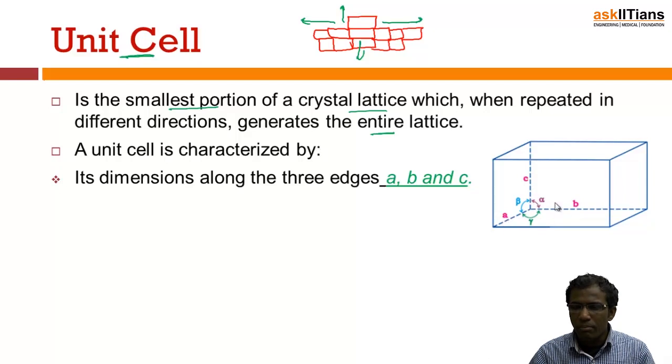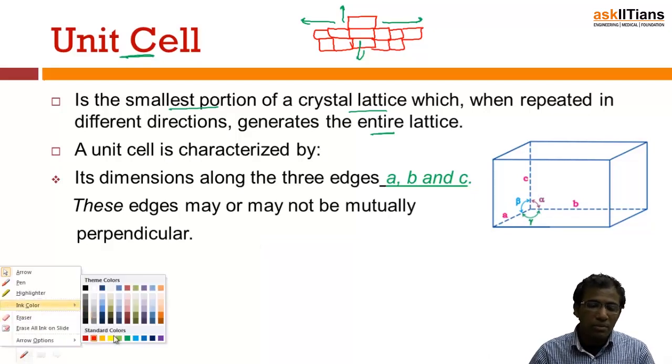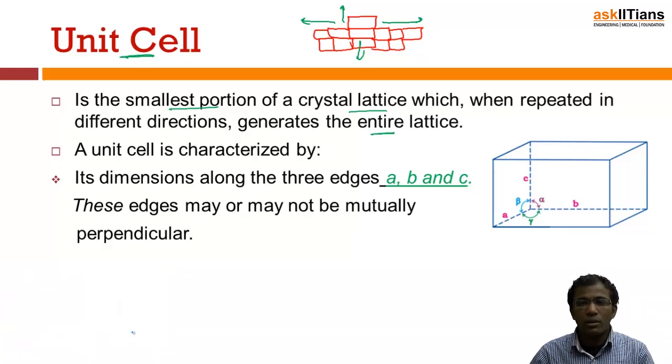These 3 edges need not be perpendicular to each other, so they may not be mutually perpendicular. In some unit cells they are perpendicular, and in some unit cells they are not. Put this in inverted commas, a very important thing: they may be perpendicular and they may not be.